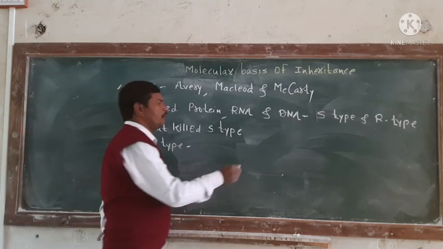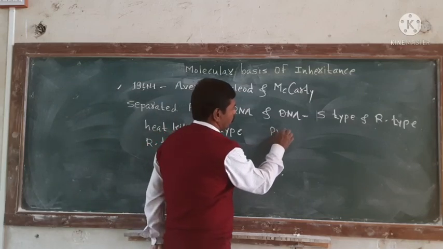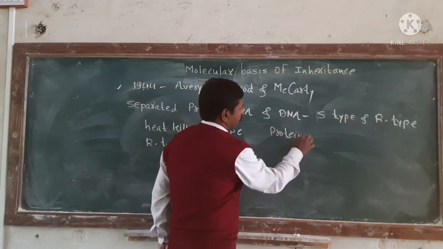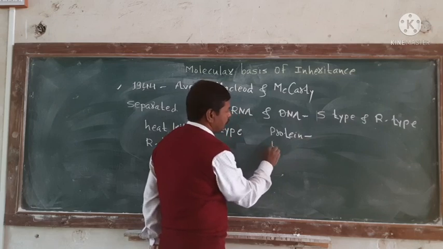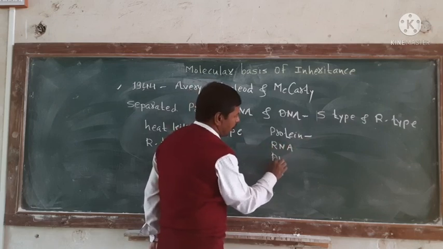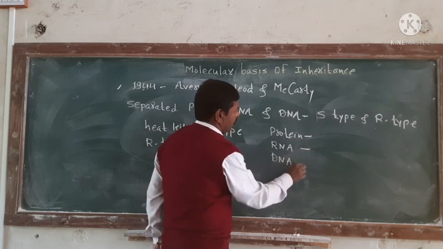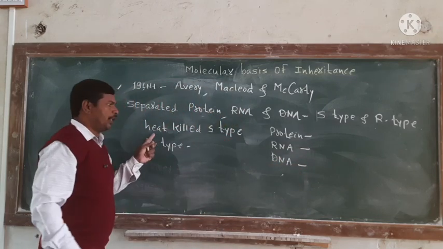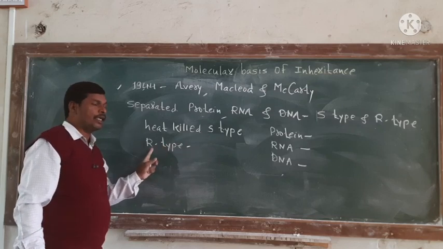In the first step, protein was mixed; in the second step, RNA was mixed; and in the third step, DNA was mixed, now with the heat killed S type as well as the R type.